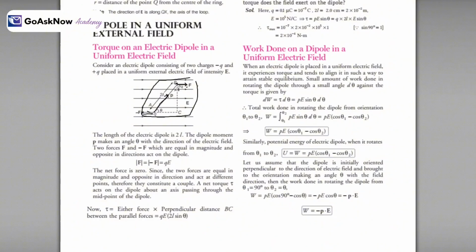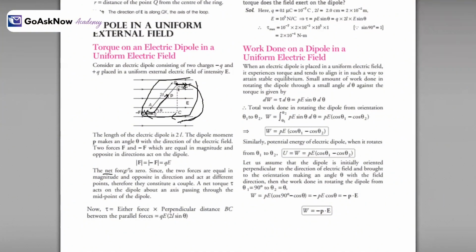It is also acted on by a couple, because the forces are equal in magnitude and act in opposite directions, so they form a couple and try to rotate the charge system in a clockwise or anti-clockwise direction, depending on the electric field. Here it will try to rotate clockwise.